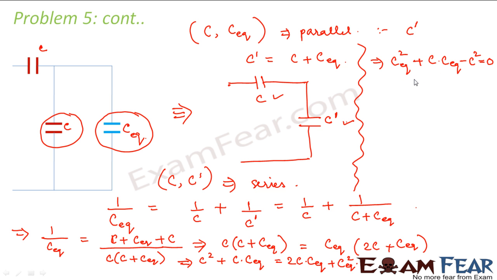So this is in the form of a quadratic equation, right? Let C equivalent be equal to x. That will help you to solve it easily. So you can write it as x square plus Cx. I'm sorry, this is not C. Instead, this would be 3C. So this will be x square plus Cx minus C square is equal to 0.